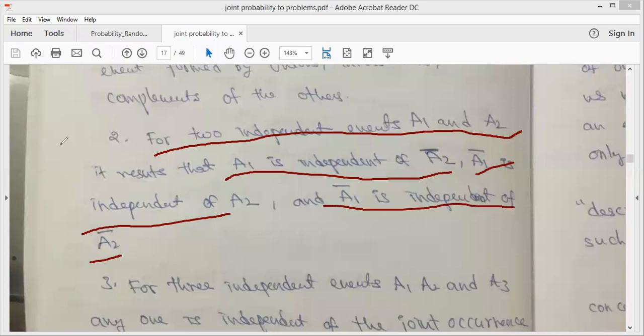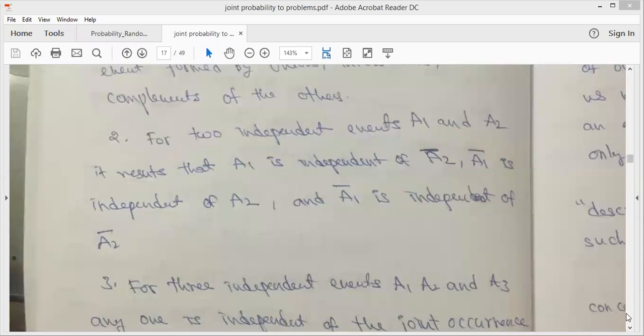So you take any event, and it will be independent of the complement of the other event. This is our second property.